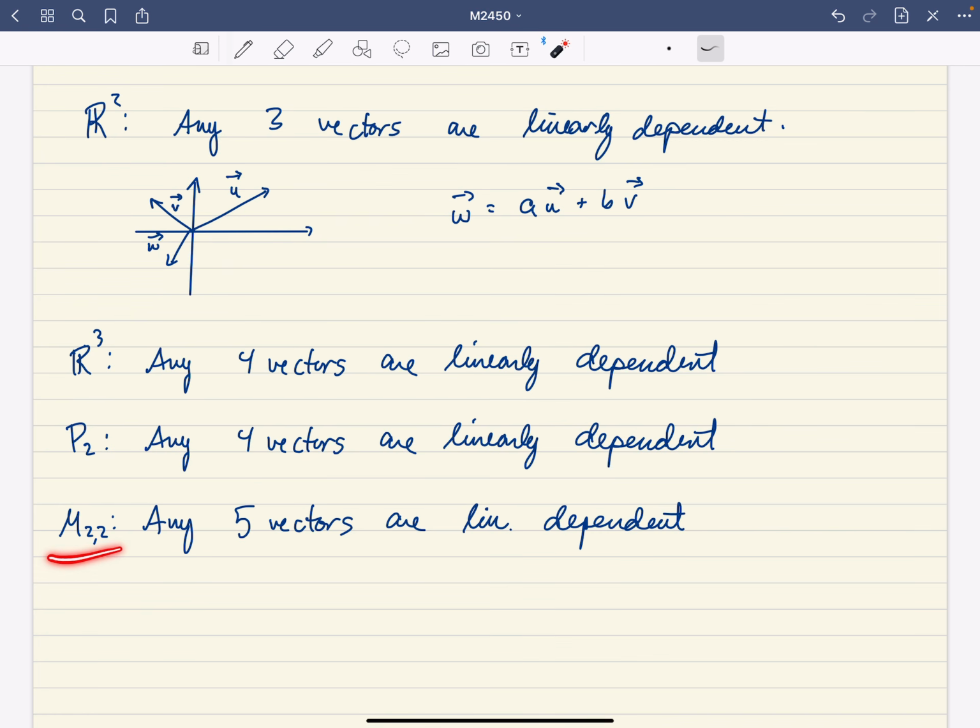Likewise, in the set of 2 by 2 matrices, any 5 vectors are going to be linearly dependent. So if we want a set of vectors in the set of 2 by 2 matrices to be linearly independent, we need at most 4 vectors. Again, now I'm back to using vectors just to mean elements of a vector space like we're talking about. Okay, so these ideas will be relevant for us in the next section.